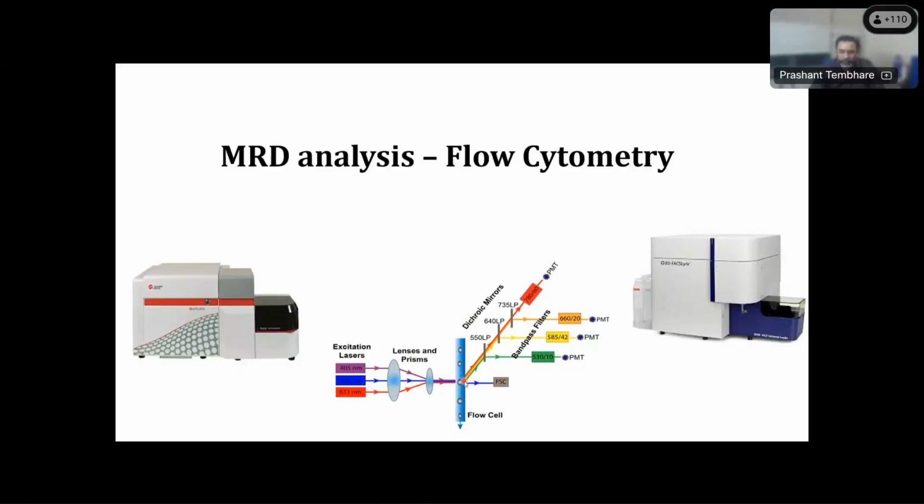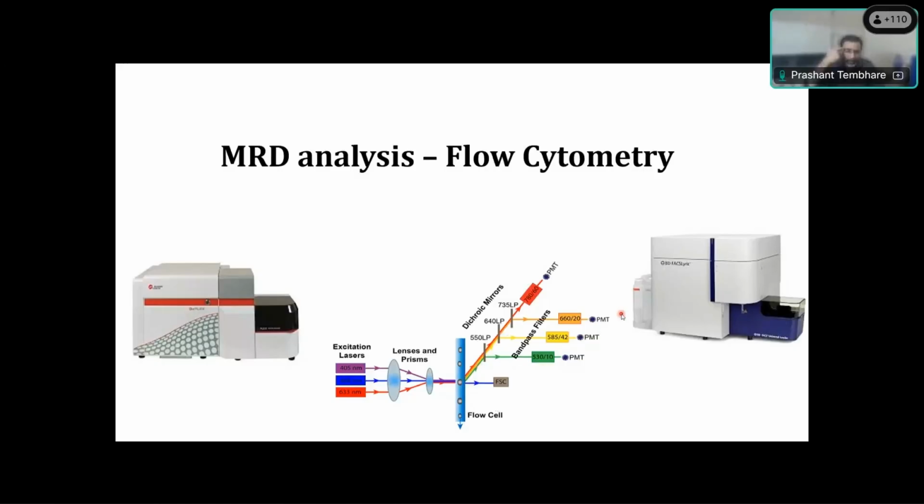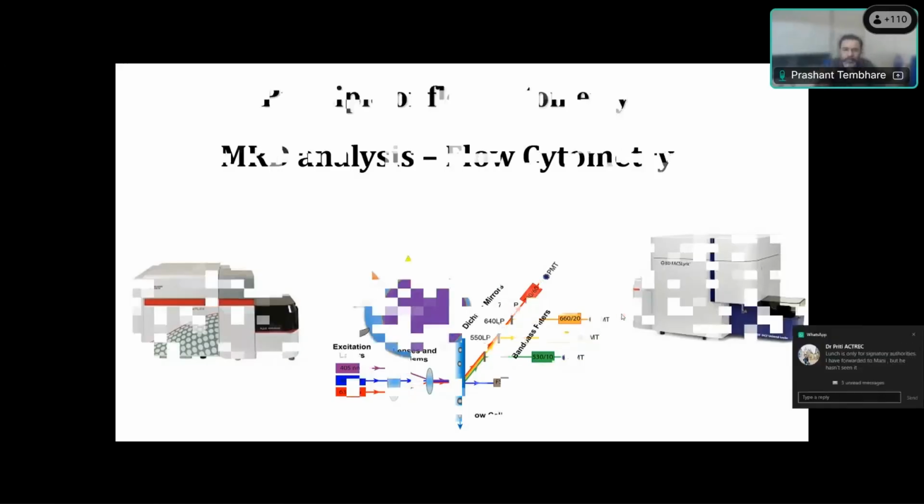So flow cytometry is a single cell analysis technique, and each single cell you monitor using different antibodies which have fluorescence attached to them, which are detected by the optical system present in the flow cytometer.